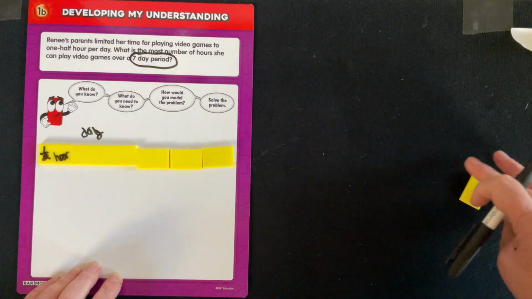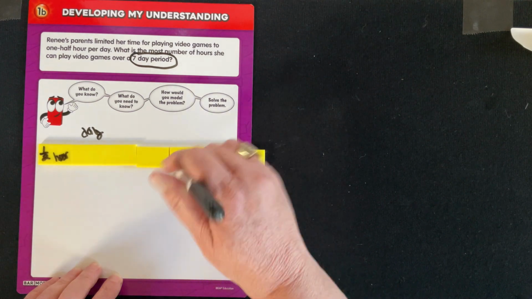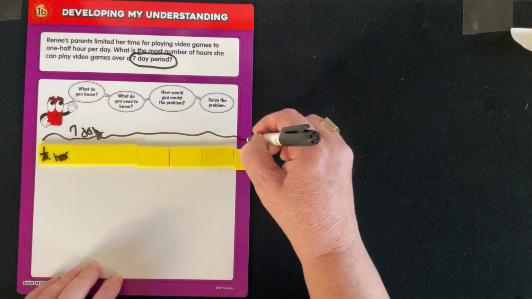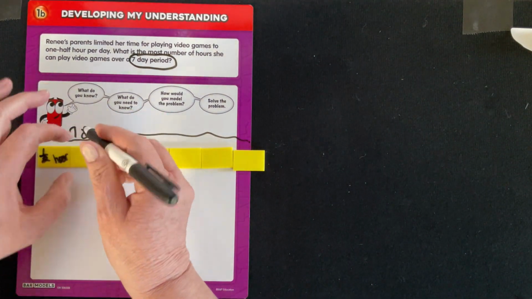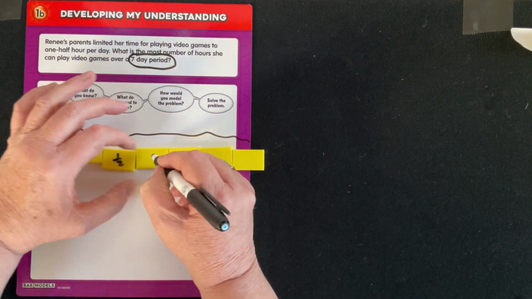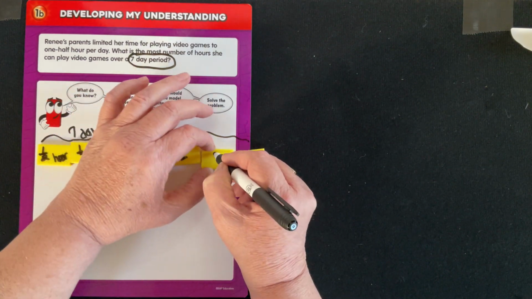5, 6, and 7. And what does each one of these represent? That's right, the 7 days. So all of these are 7 days. This bar represents one day for a 1/2 hour. Here's another 1/2 hour. Why am I labeling each one of these 1/2 hours?